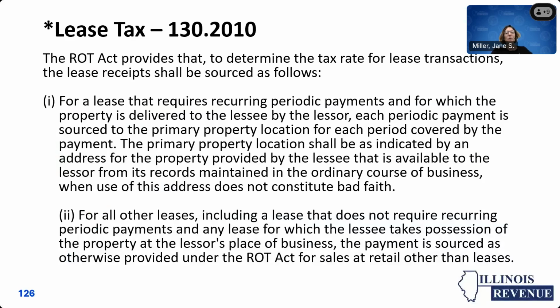For a lease that requires recurring periodic payments and for which the property is delivered to the lessee by the lessor, each periodic payment is sourced to the primary property location for each period covered by the payment. The primary property location shall be as indicated by an address for the property provided by the lessee that is available to the lessor from its records maintained in the ordinary course of business when the use of this address does not constitute bad faith.